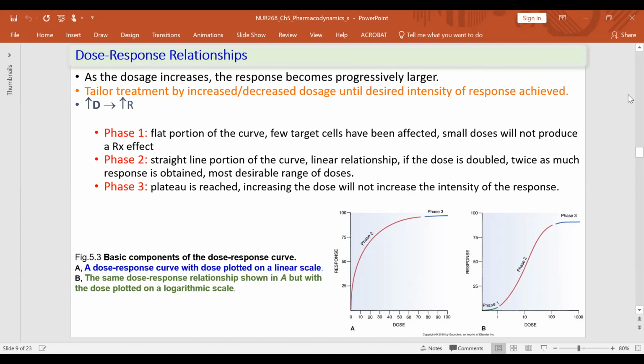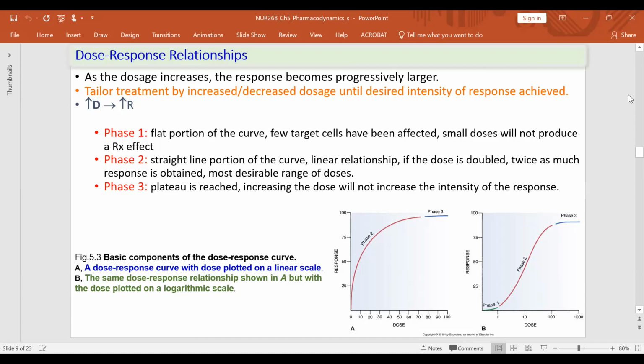So in phase 1, the curve is relatively flat, and doses are too low to elicit a significant response. At phase 2, the curve climbs upwards as bigger doses elicit a corresponding increase in response.